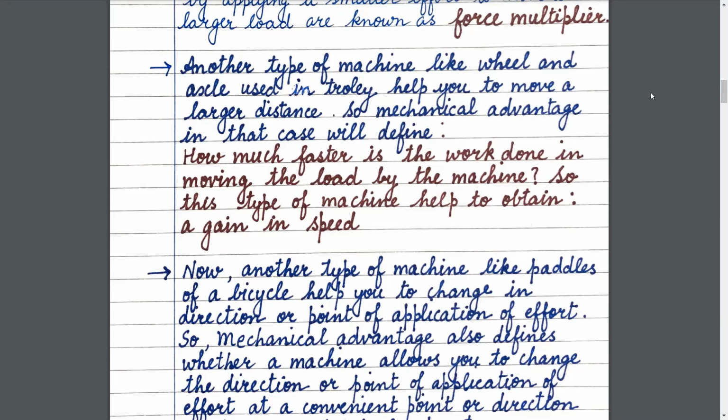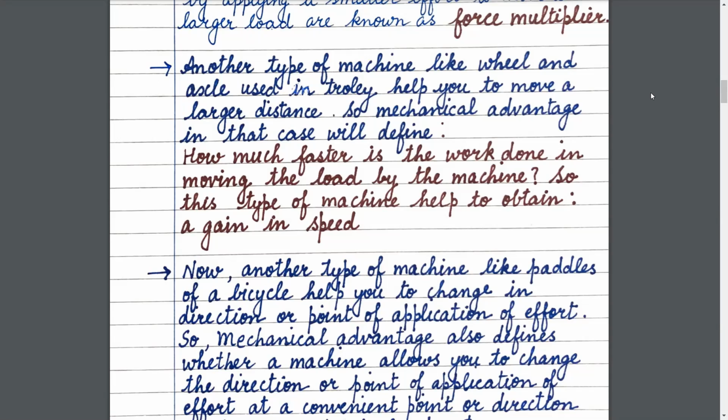Now, the third major aspect is like pedals of a bicycle, which help you to change the direction or point of application of effort. So, mechanical advantage also defines whether a machine allows you to change the direction or point of application of effort to a convenient point or direction.